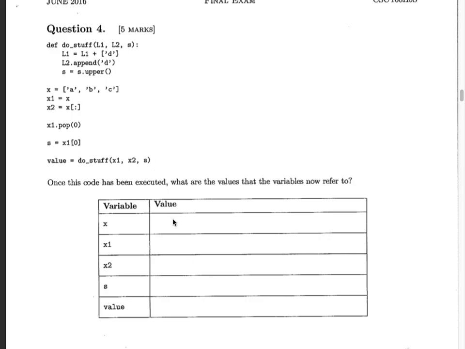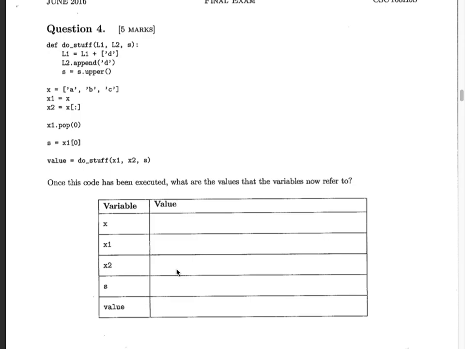So is this going to be B, C, D? Are they all going to be B, C, D? No, I think when you give it an integer, it will pop that position. Yeah. Otherwise, it pops the end.